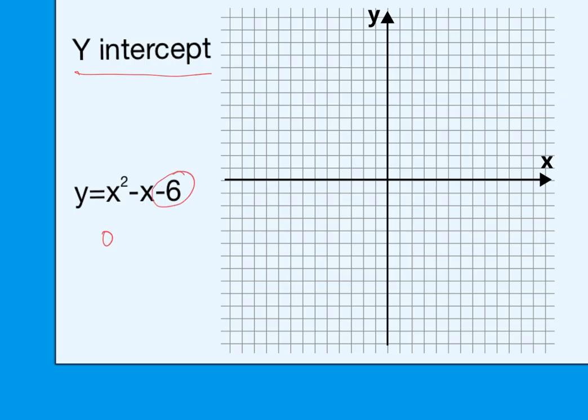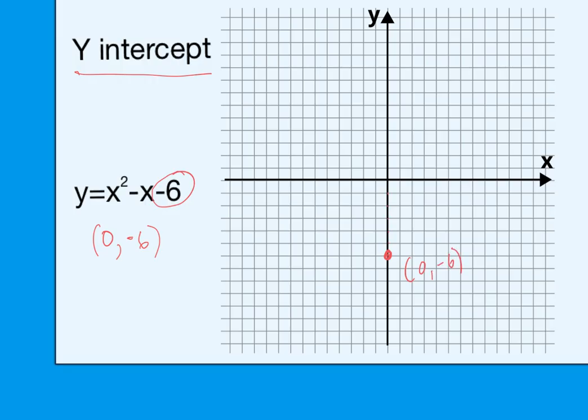That's going to be 0 for x, because that's when you cross the y-axis, and that's going to be a negative 6 for y. So for this particular quadratic, you're going to have that point at 1, 2, 3, 4, 5, 6, right there at 0, negative 6, okay?